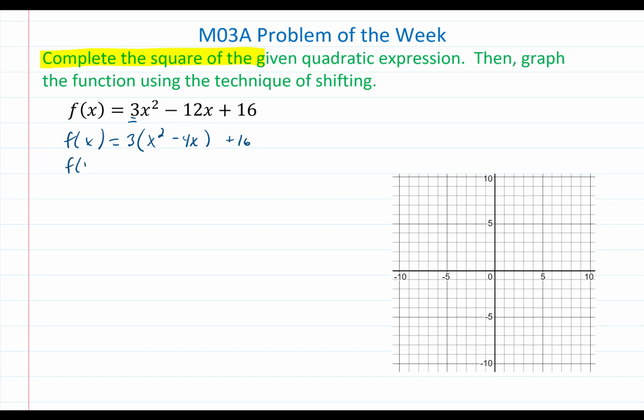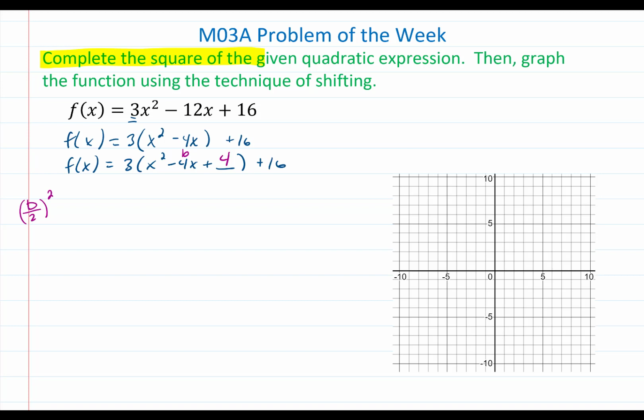So what we want is a constant inside these parentheses which will allow us to then have a perfect square trinomial. Now that constant can be found by taking b divided by 2, quantity squared, and b in this case is -4. So when you take -4 divided by 2, square it, what you get is +4. So that constant of 4 goes inside the parentheses.